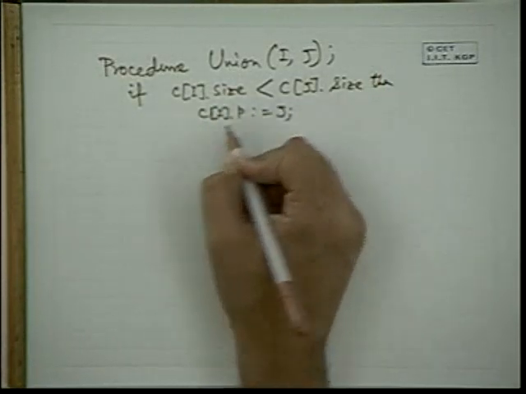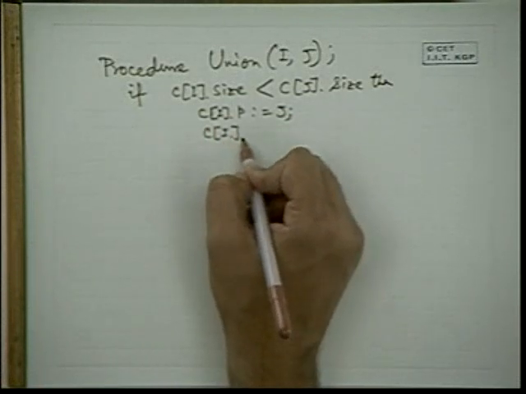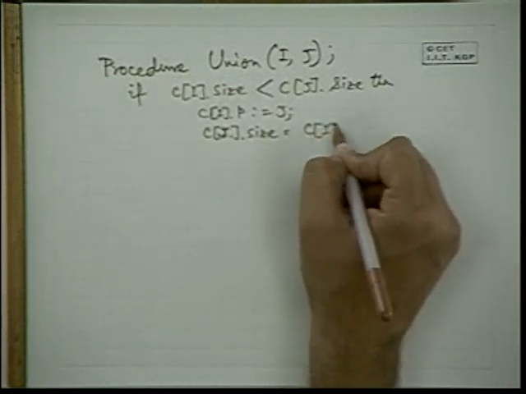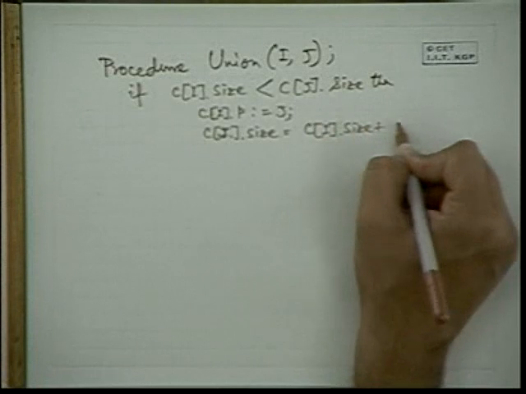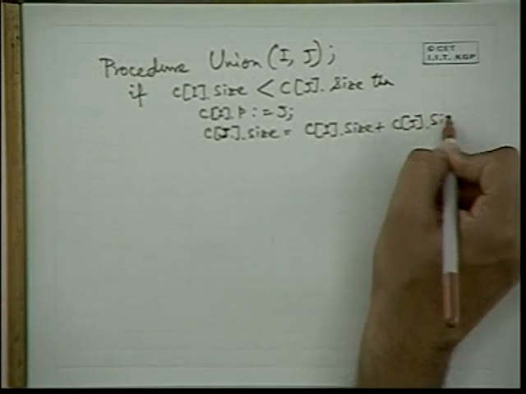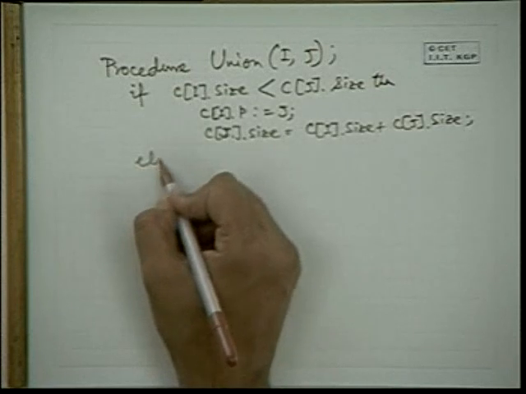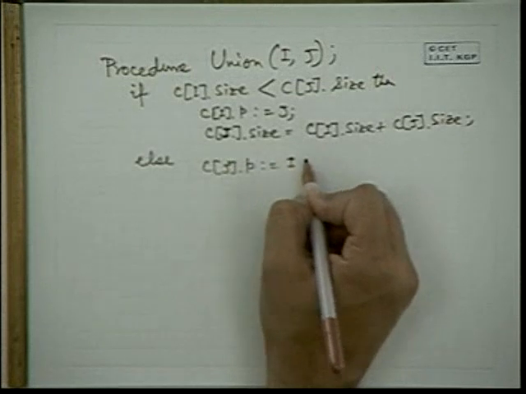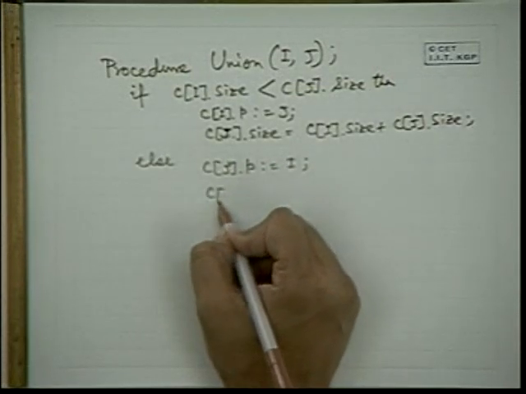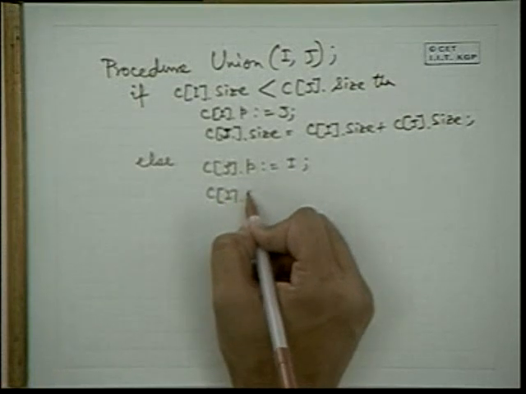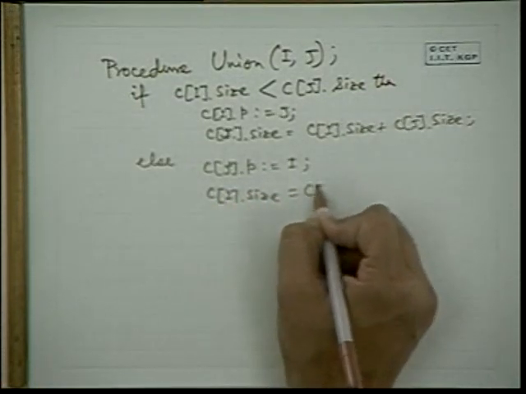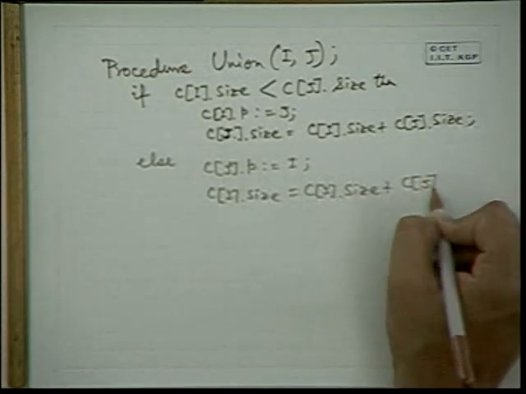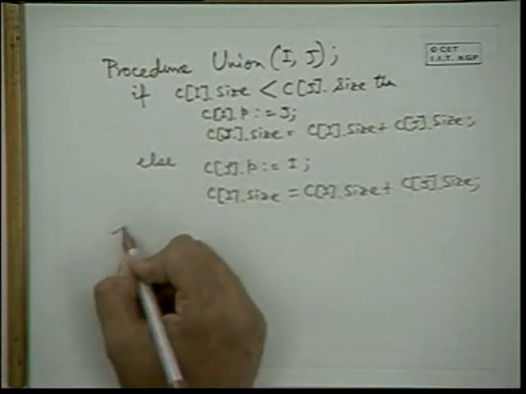Here you change Cj dot size equal to Ci dot size plus Cj dot size, else Cj dot p equal to i, and here you change Ci dot size equal to Ci dot size plus Cj dot size, and end if.